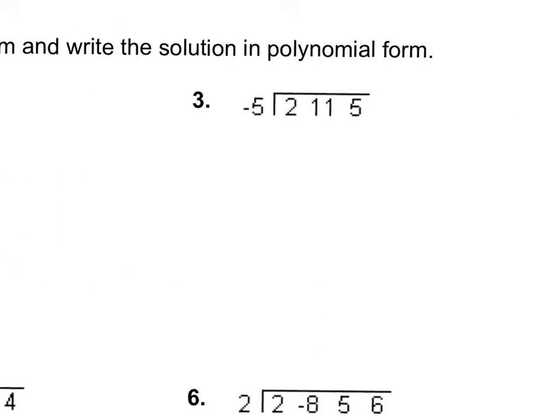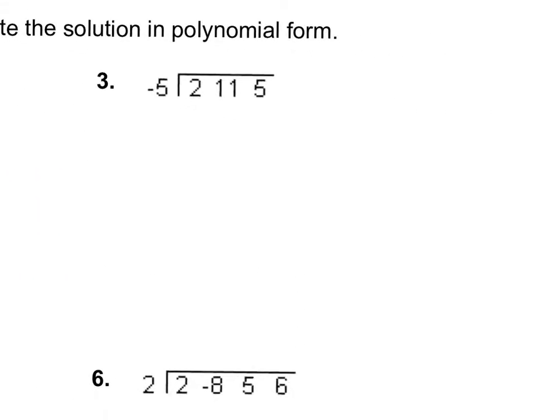So moving on to 3. I'm going to bring down my 2 and multiply. Negative 5 times 2 is negative 10. 11 plus negative 10 is 1. Negative 5 times 1 is negative 5, and 5 plus negative 5 is 0.